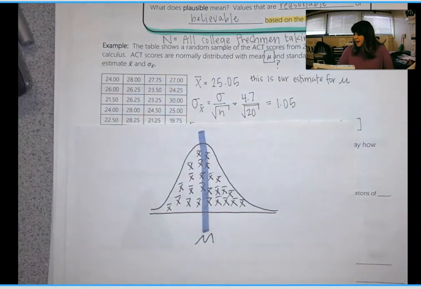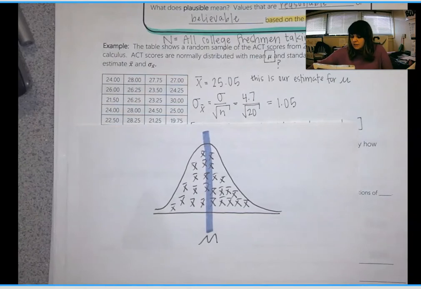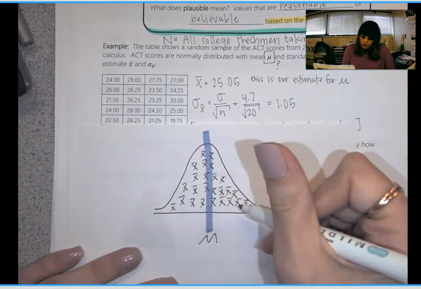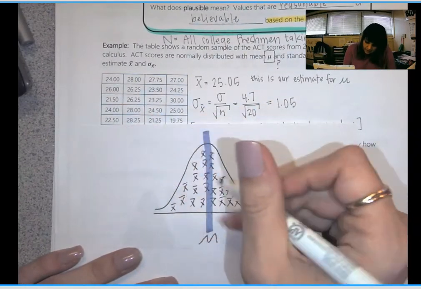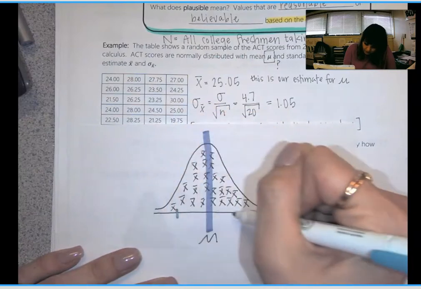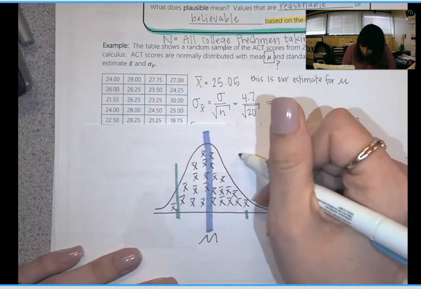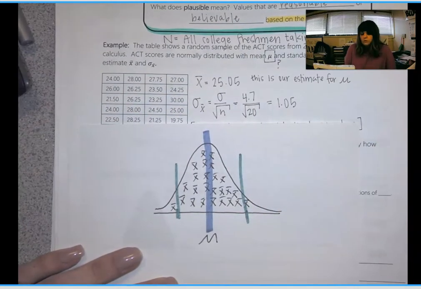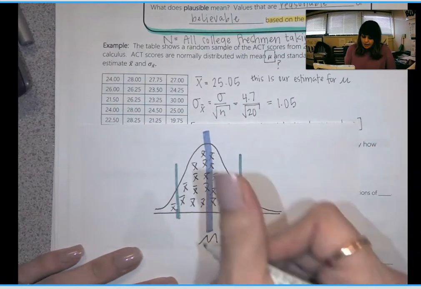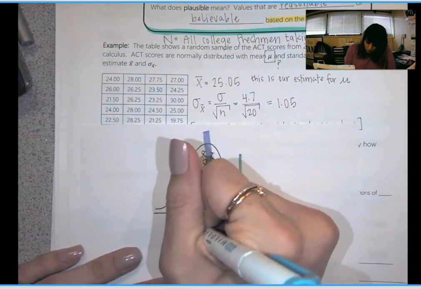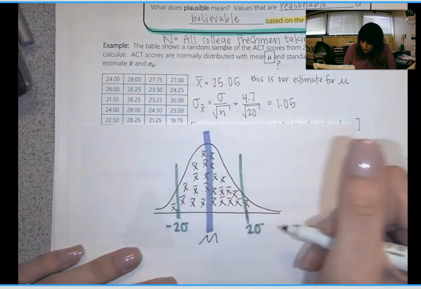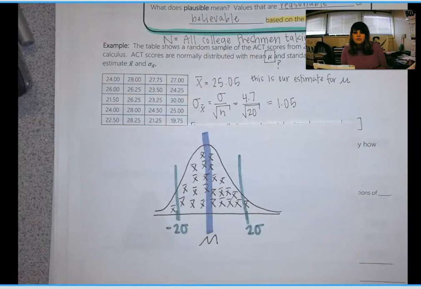Now we can add on this element that we know that 95% of our samples will be within 2 sigmas of the true value.